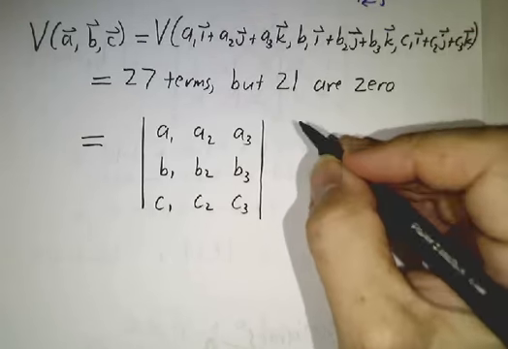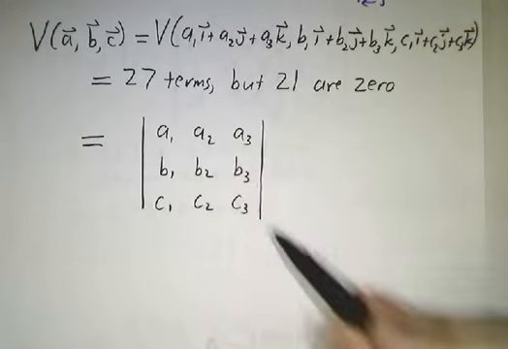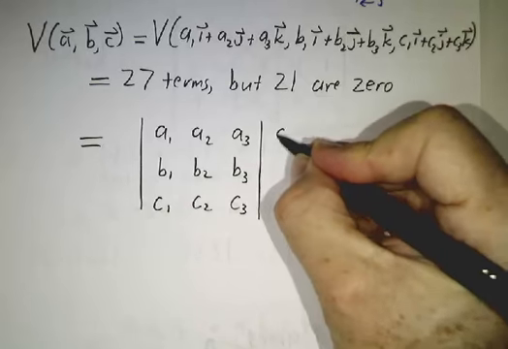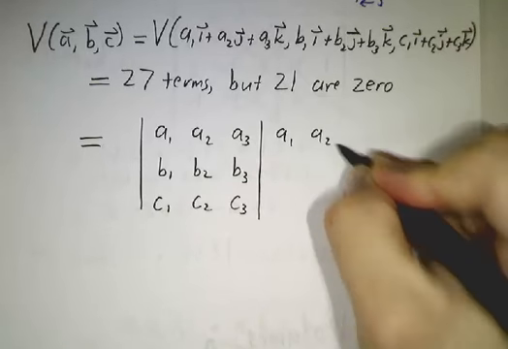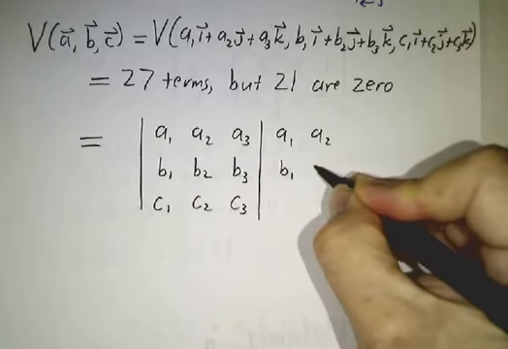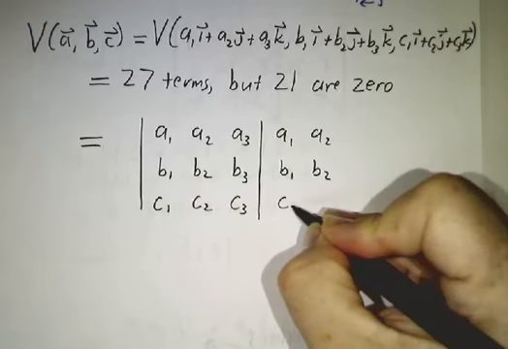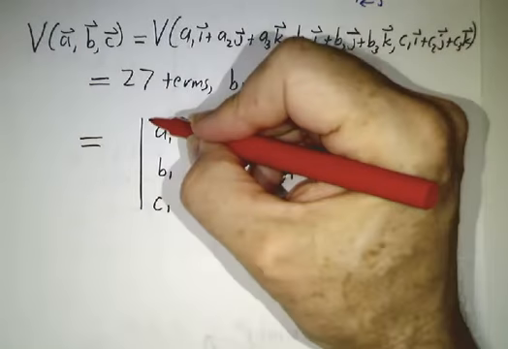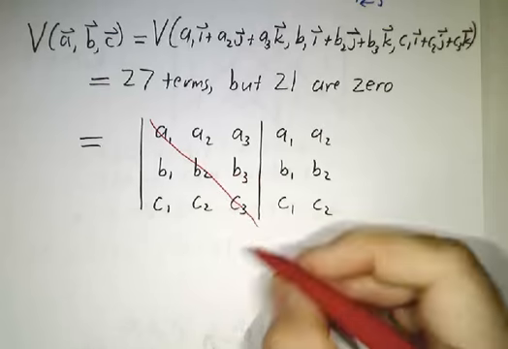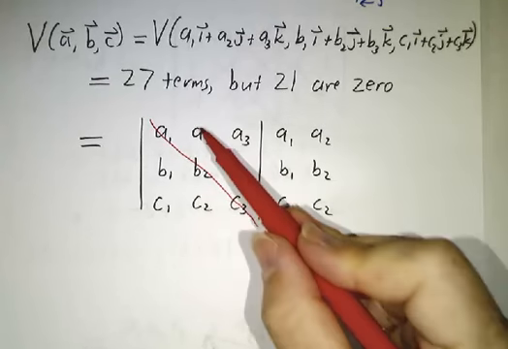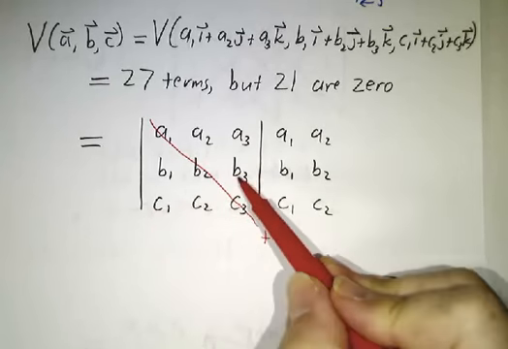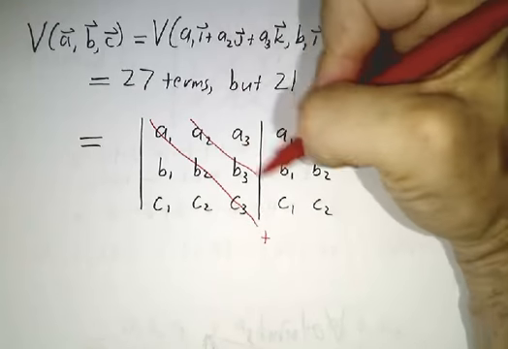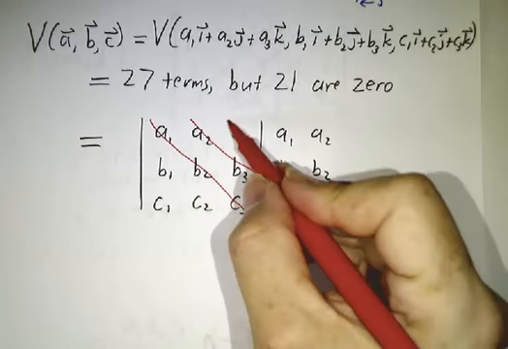Now the way that you compute a 3 by 3 determinant is you're going to take these products, and I'm going to copy over a couple of the terms, because the terms we want are A1, B2, C3, and we want A2, B3, C1, which wraps around, but it's easier to write it with the extra copy.